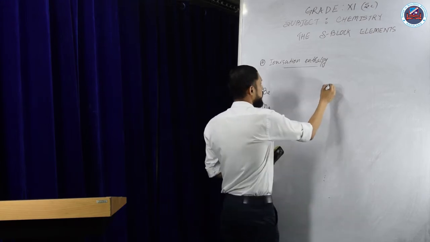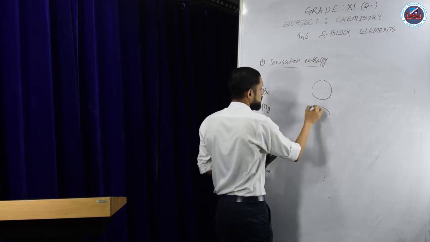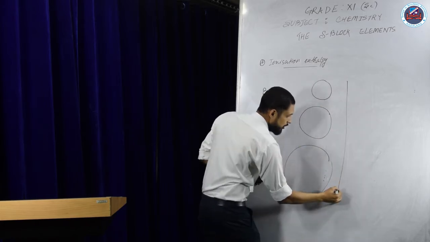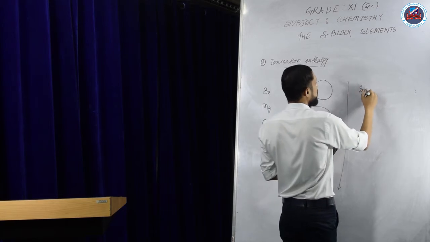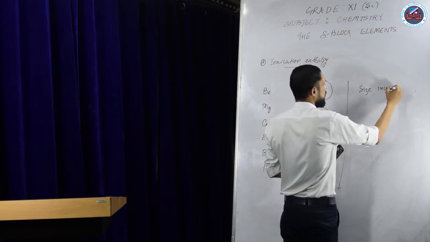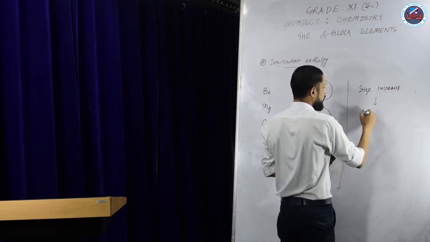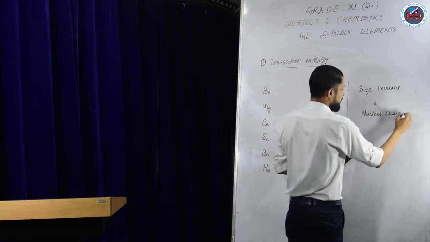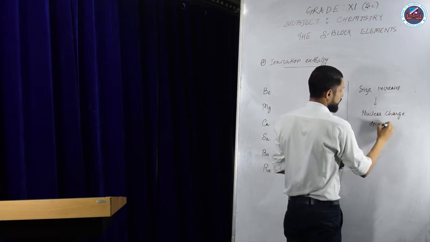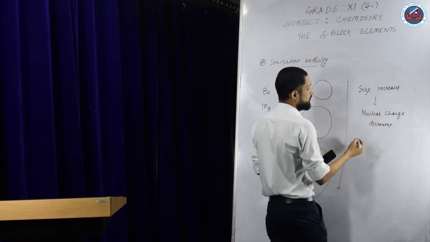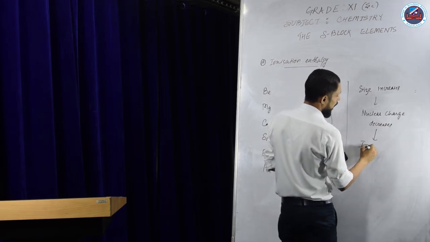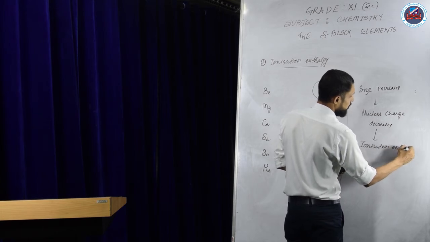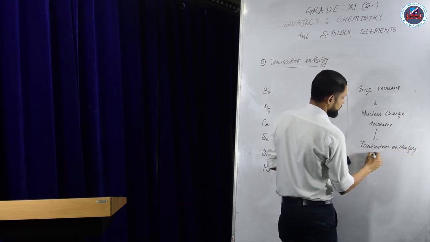Now we know as we go down, the size increases. Now we know if the size increases, nuclear charge decreases, and if nuclear charge decreases, ionization enthalpy also decreases.